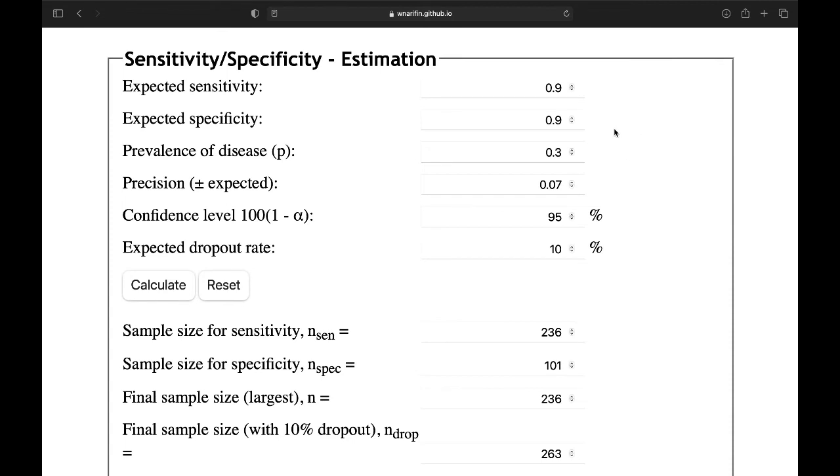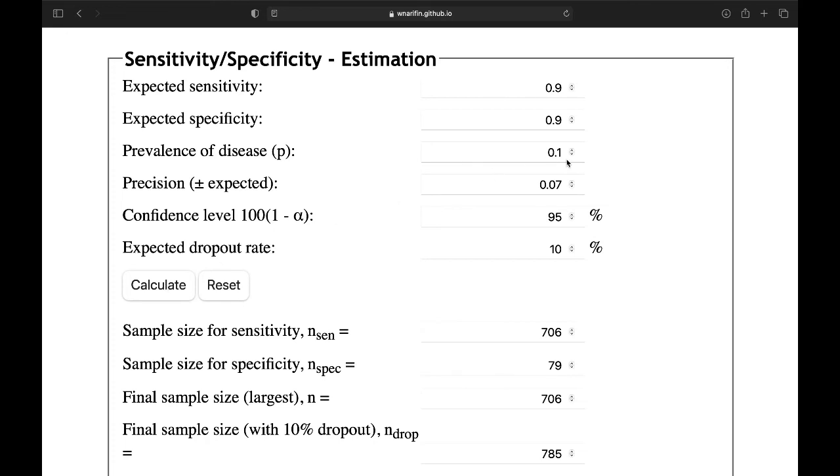What happens if we keep the sensitivity and specificity constant and decrease the prevalence? Again I will calculate. Now the sample size started increasing. If I decrease the prevalence further to 10%, your estimated sample size keeps on increasing, right?